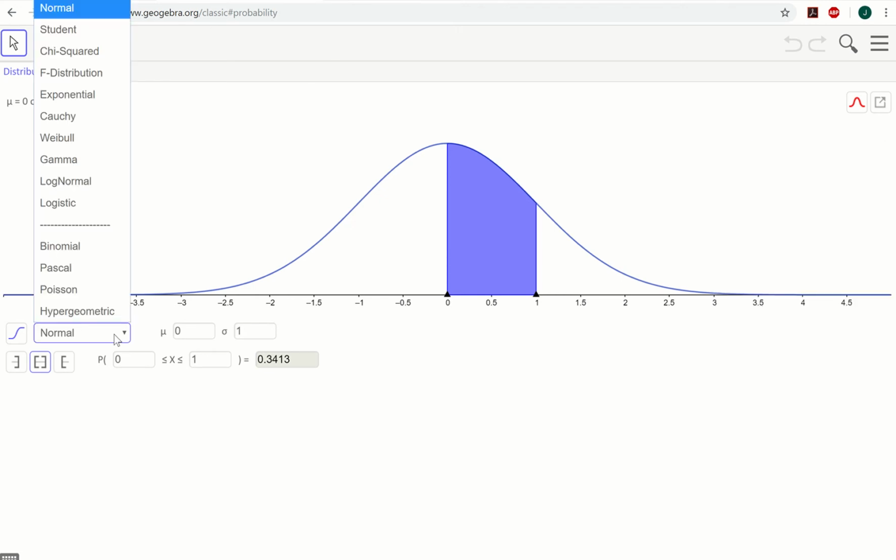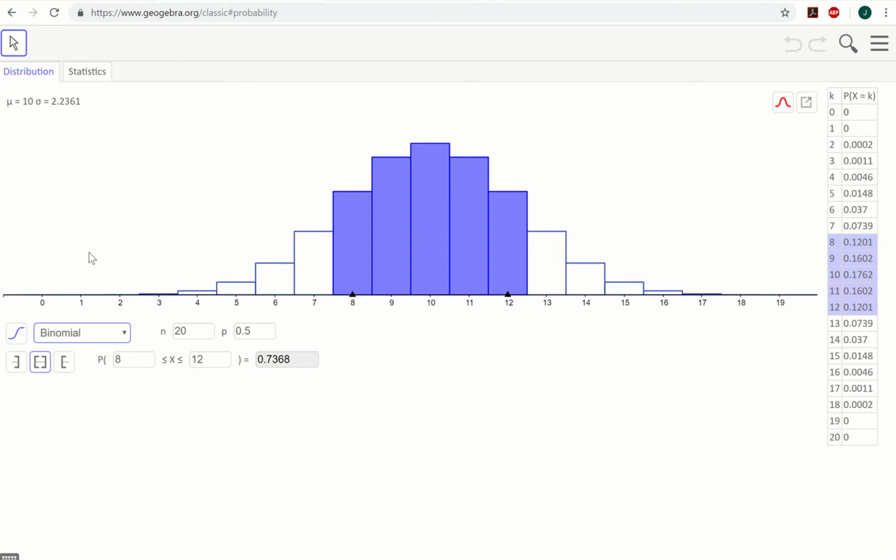So instead of the normal distribution, we want to bring up this drop-down tab and find binomial. Binomial is special because it's going to change into what looks like a histogram, and that's because there are these discrete outcomes. Let's set up our example for the free thrower. So we said there's 10 trials, probability of success of 0.82.